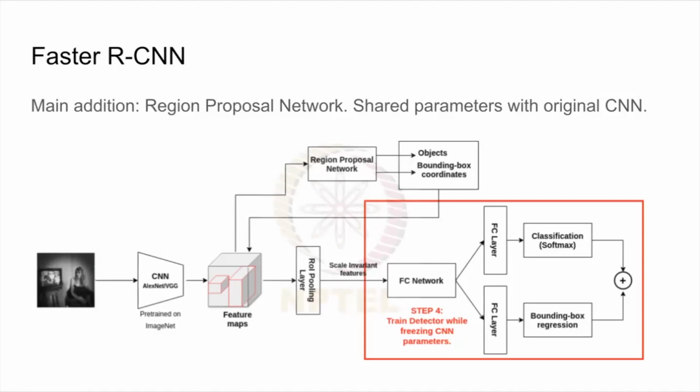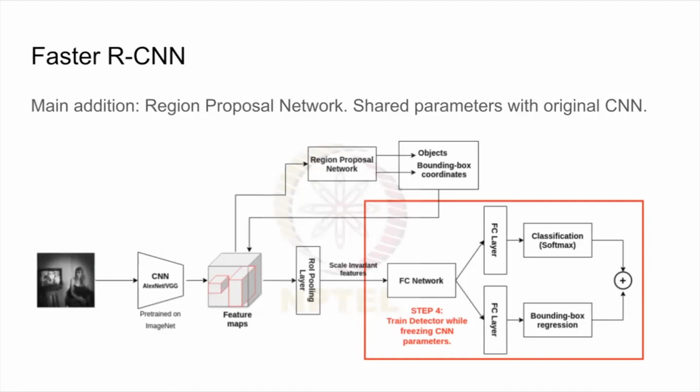But if the CNN is operating on a bigger image, it will be much more expensive than if it is operating on small images like feature maps.